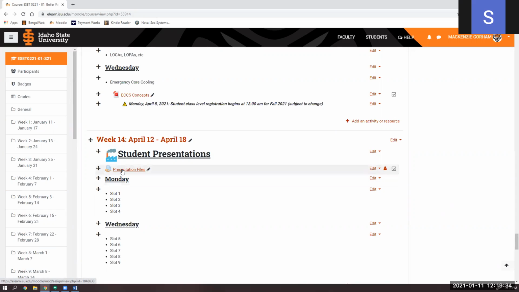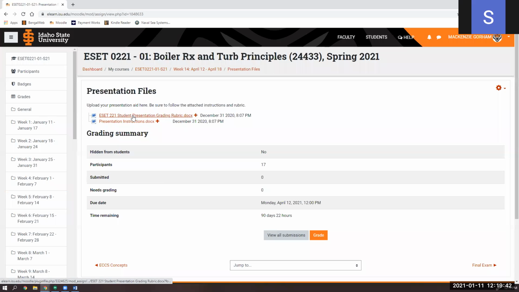They're all due at the same time, and then you just present in the order you sign up for a presentation slot. So there's a rubric and instructions, and we'll talk about those more in depth after the midterms, because that's about when I would think you need to start prepping. But the instructions and the rubric are up.